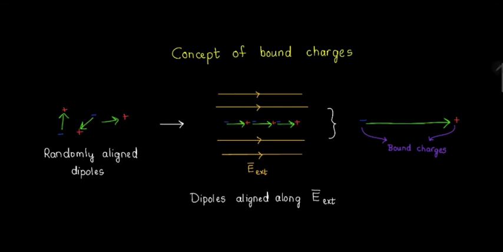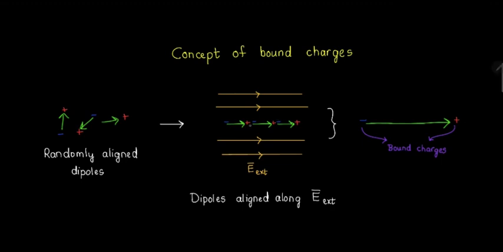They're very random. They have their own choice. I mean, not that they have conscience or something, but they're randomly living their life. But when I apply an external electric field, they're all aligned. So they're bound here. They cannot move. They're not free charges. Whatever charges are there on the dipole, they cannot move. They are bound. So that is where the concept of bound charges comes in.